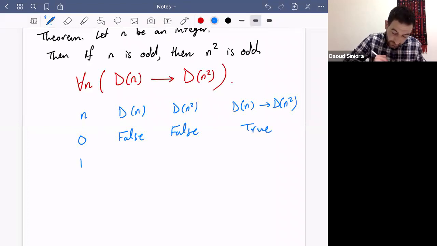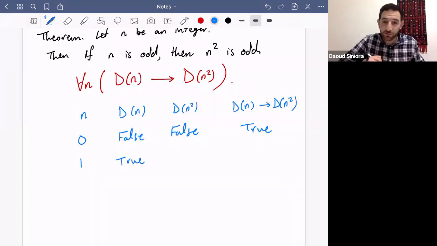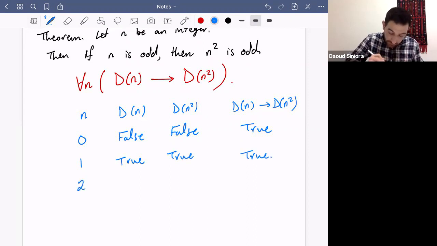Now let's choose 1. 1 is odd, so this is true. 1 squared is 1, which is odd, so this is true, and true implies true is true. Now let's choose 2, for example. 2 is odd is a false statement. 2 squared is 4, which is odd, it's a false statement. False implies false is true.